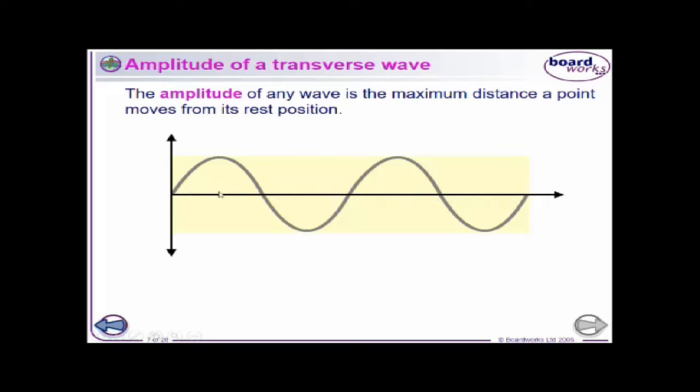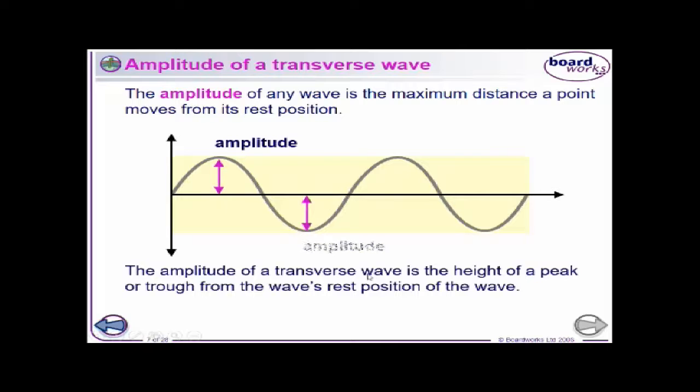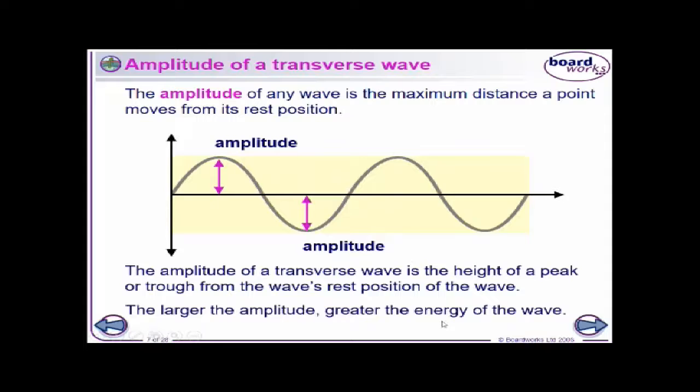So the height of the wave is how high it's gone from the resting point if there was no wave, or how deep will be the same measurement. And you have to watch out: do not measure from the bottom of a trough to the top of a peak, because that is 2 times the amplitude, that's double the amplitude. Now, the bigger the amplitude, the more energy the wave is carrying.